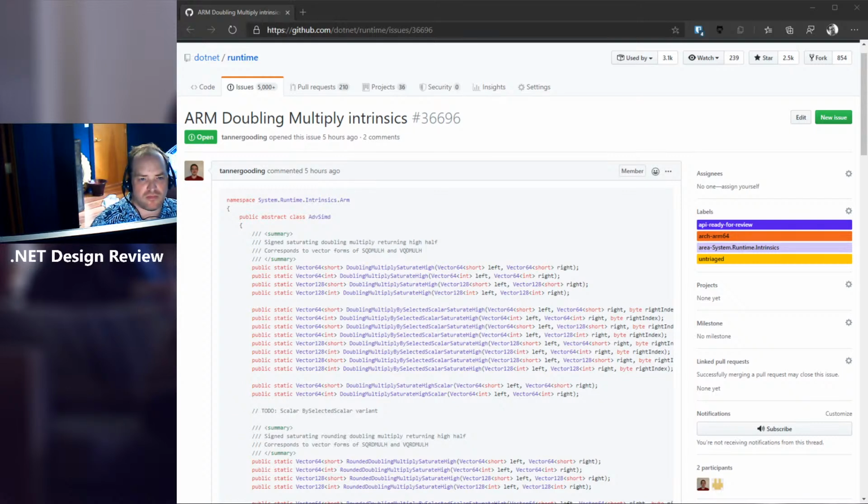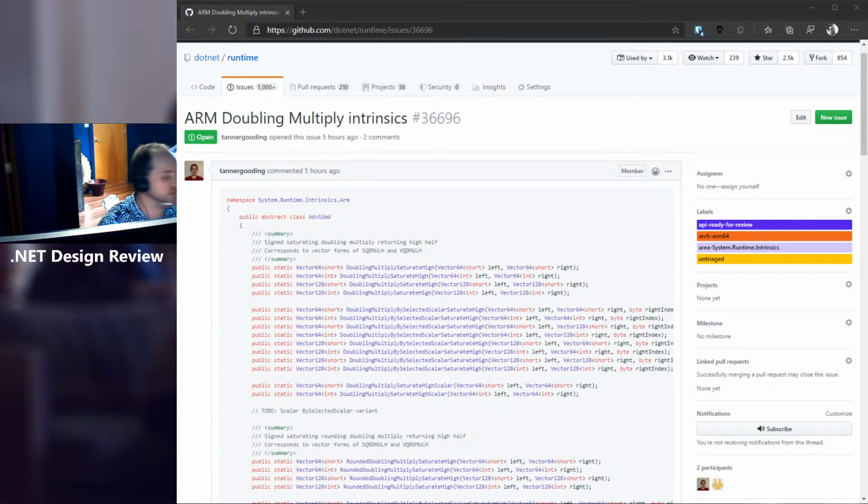These are scalar by scalar. Scalar by selected. So it multiplies left 0 by right in. Oh, yeah. And so when you have both scalar and by scalar, well, it should be multiply scalar. No?